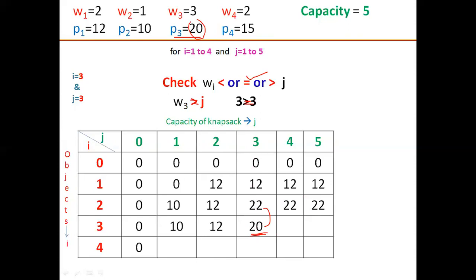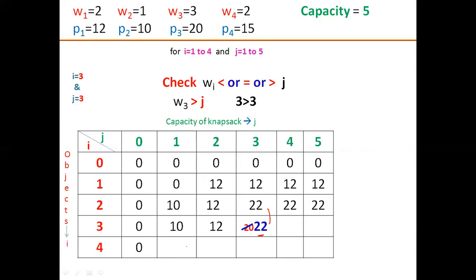So I should neglect my current profit and keep the previous profit only. So my profit will be 22, not 20, because my goal is to get the maximum profit. Even if by adding the new object I will be earning some profit, if it is less than my previous profit, I should neglect the current and keep the maximum profit.